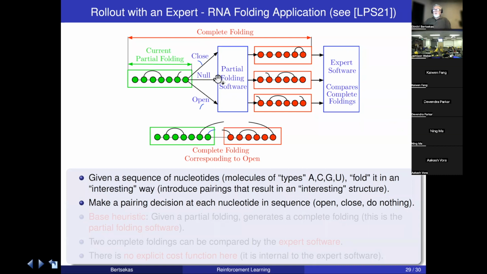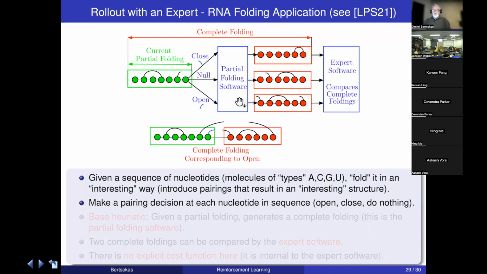So these are our controls. These are the states that we have gone through, and we want to pick one of these three decisions. What we do is we have a base heuristic, which is a partial folder. Given a partial folding, it completes the folding by making appropriate pairs according to its judgment.